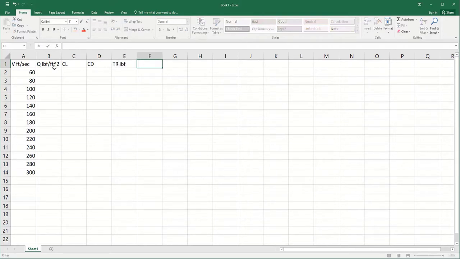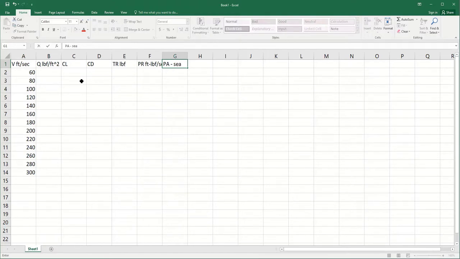And the power required in foot pounds force per second. And then we're going to do power available. I'm going to put sea level just so we keep track that this is all done at sea level. We could write sea level on all of these headings, but that gets kind of redundant.